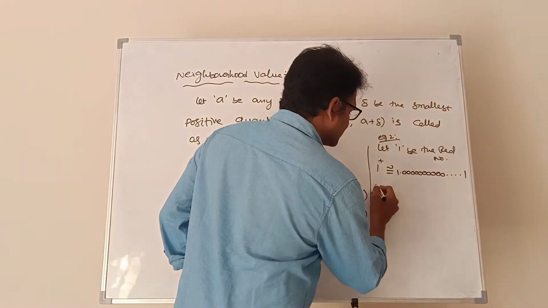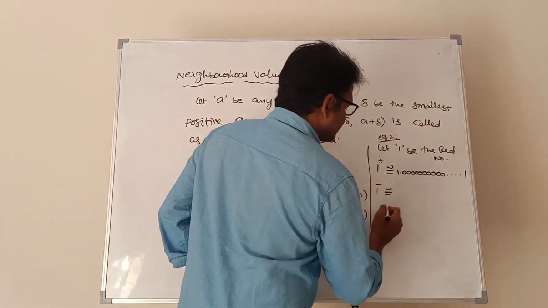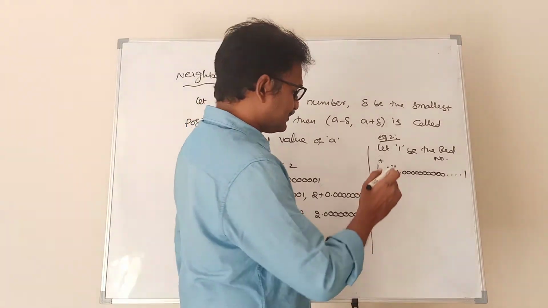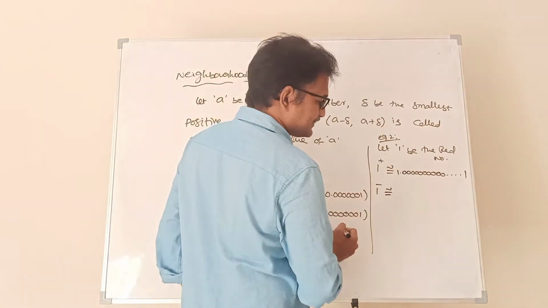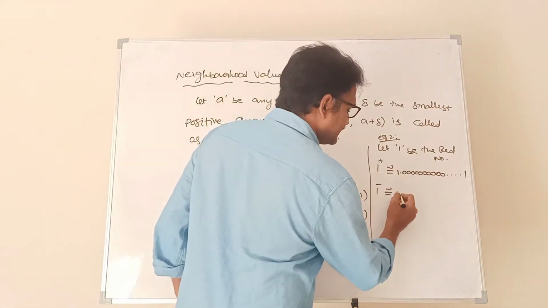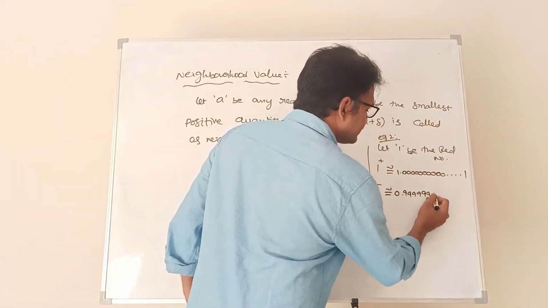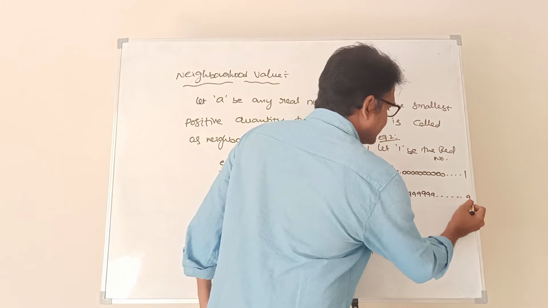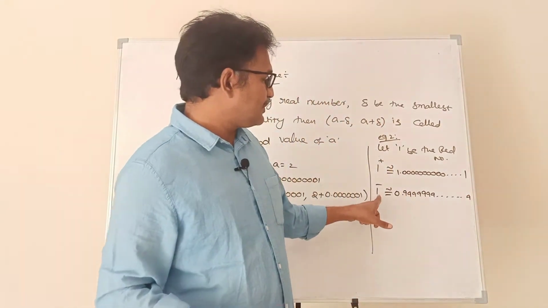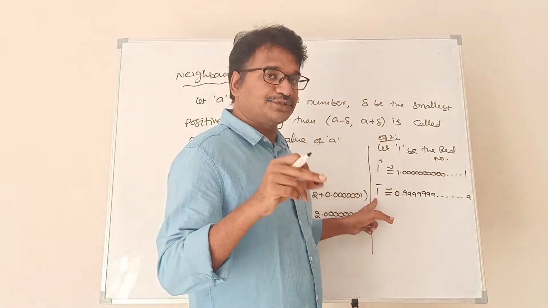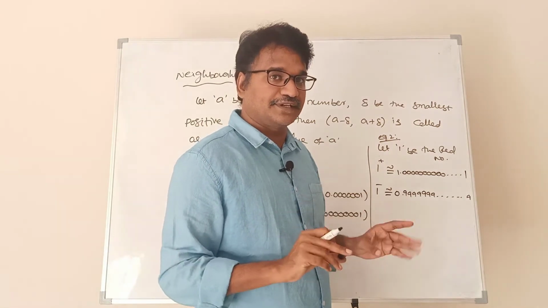Similarly, 1 minus means approximately how much? Less than 1. 1 minus means just less than 1, which means 0.9999 and so on, infinite number of 9s. In future we will use the concepts of left hand limit and right hand limit.